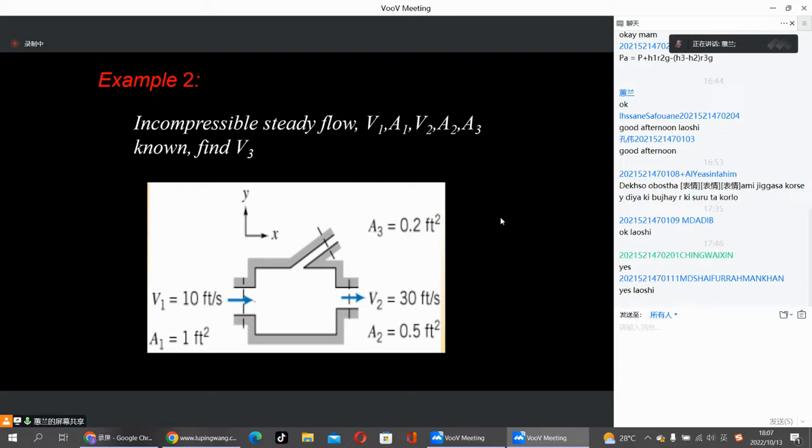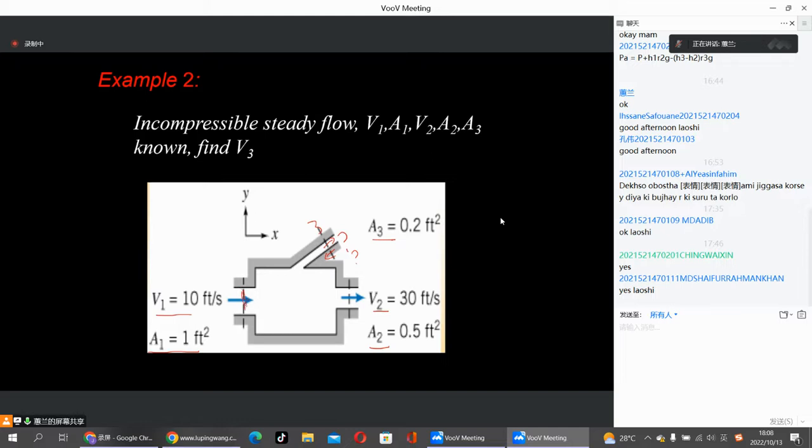We know at section 1 the velocity is given, and the area is also given; V2 and A2 are also given. V3 we don't know, and A3: whether it is outflow or inflow, we don't know. So we need to find out the velocity at this section. Sure, the first thing is to choose the control volume.